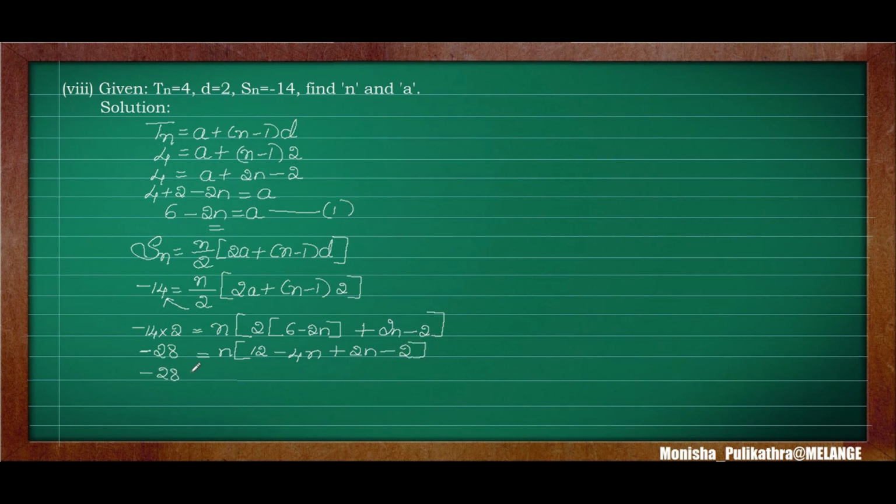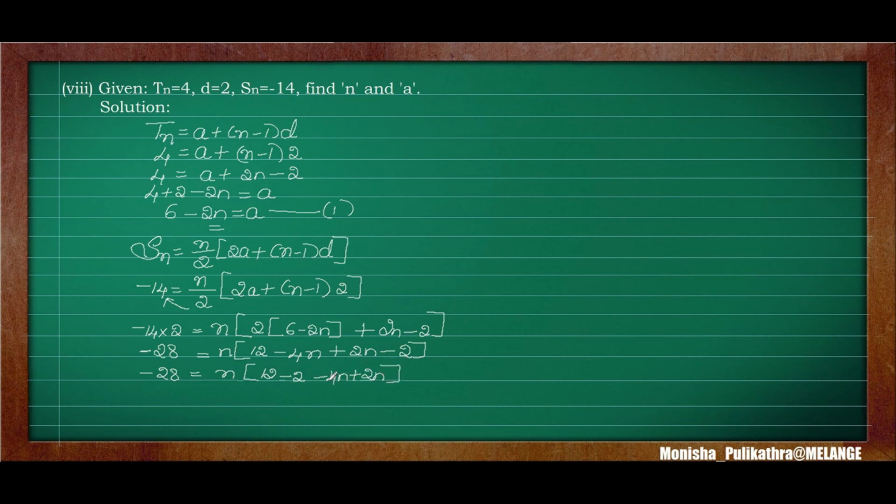So minus 28 is equal to n into, here 12 and 2 are just numbers. Here these two terms have variables. So we have to group it, numbers with numbers and terms with variables separately. Okay. So 12 minus 2, minus 4n plus 2n.